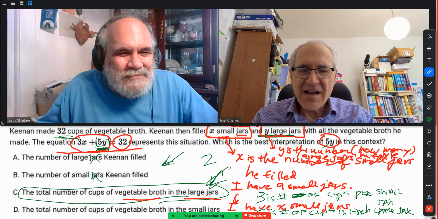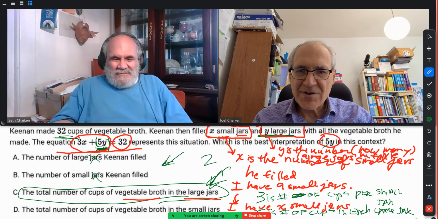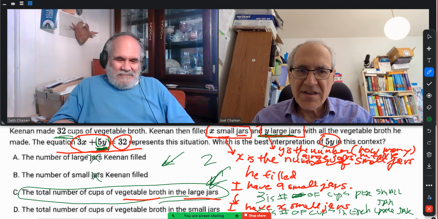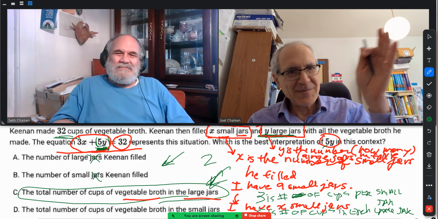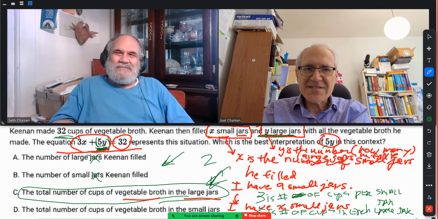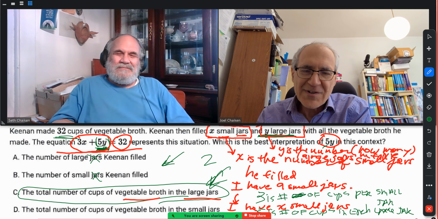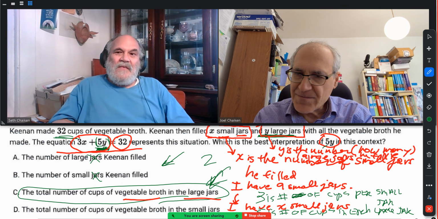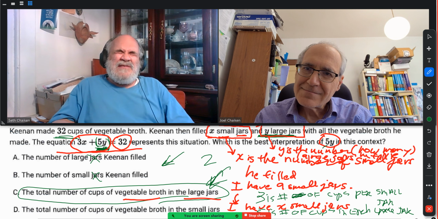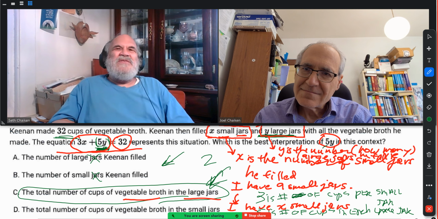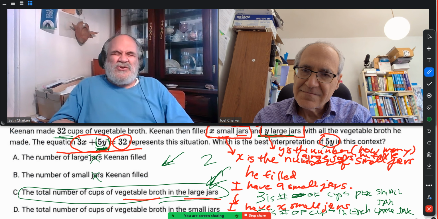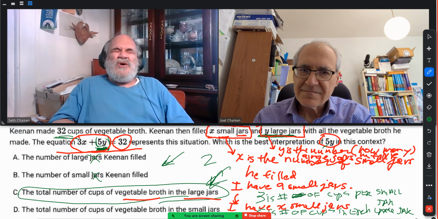And the main idea, which is the most important question: what did the test committee want to see that you knew? So I'd say they're testing your understanding of the language of word problems and algebra.